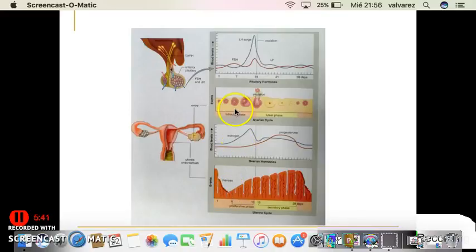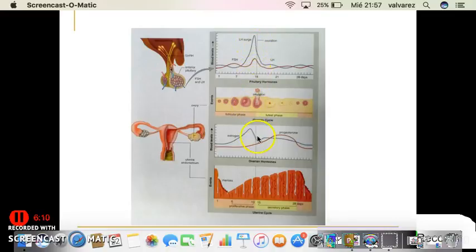Immediately after that, the follicular stage is taking place because of FSH peaking, rising its level. The follicle is releasing estrogen. Estrogens are causing the walls in the endometrium to start thickening. We move on.